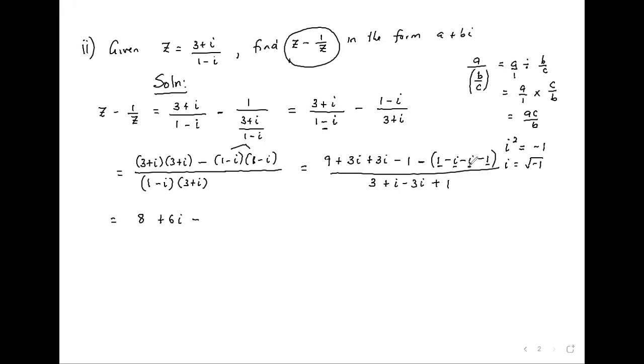That negative is coming here, so I'm now multiplying negative times negative, so we'll have positive 2I. Then down, 3 plus 1, that's 4. And then I minus 3I, that's minus 2I. This is 8 plus 8I over 4 minus 2I.